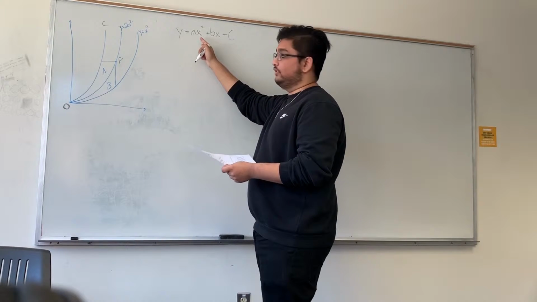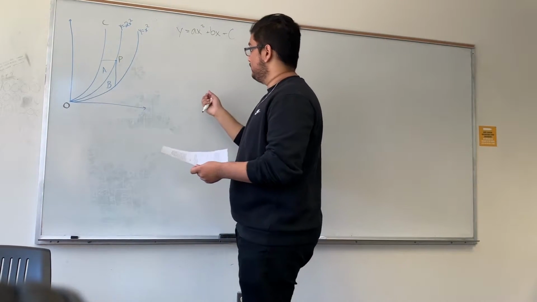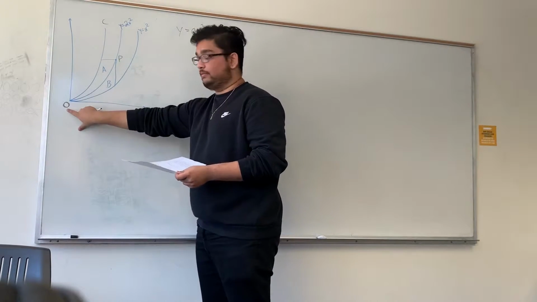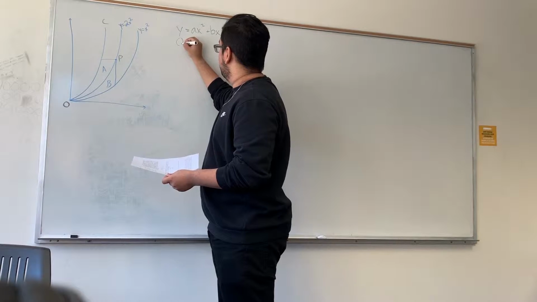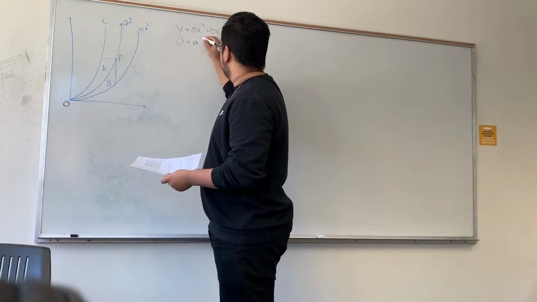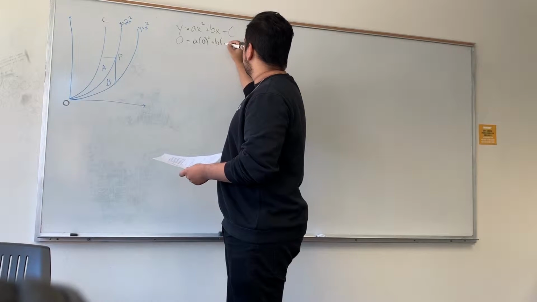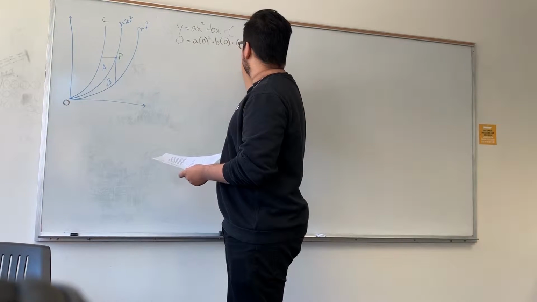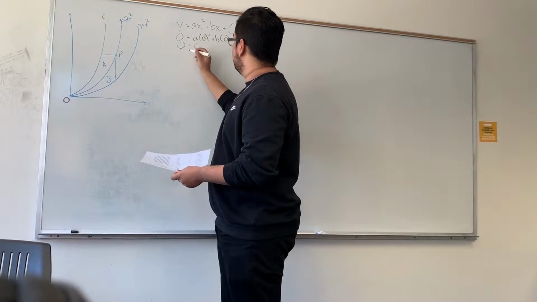So what we want to do here is identify a, b, and c by itself to make a whole formula. So I'm going to use the origin point to find c first. So plug in 0 for y and 0 for x. And then c will just end up equaling 0.